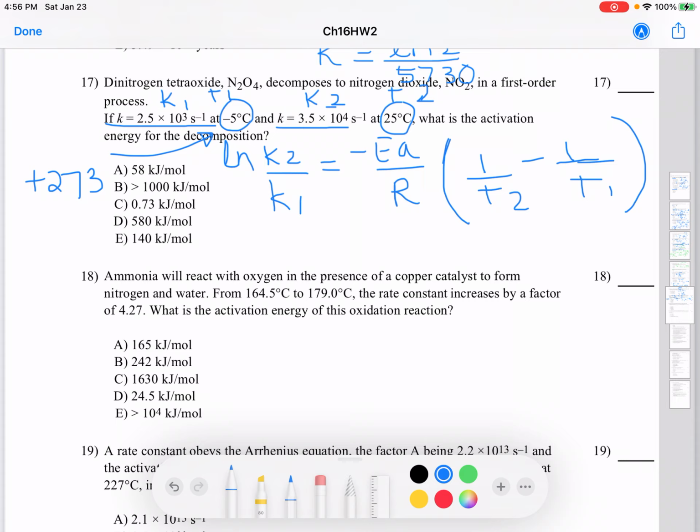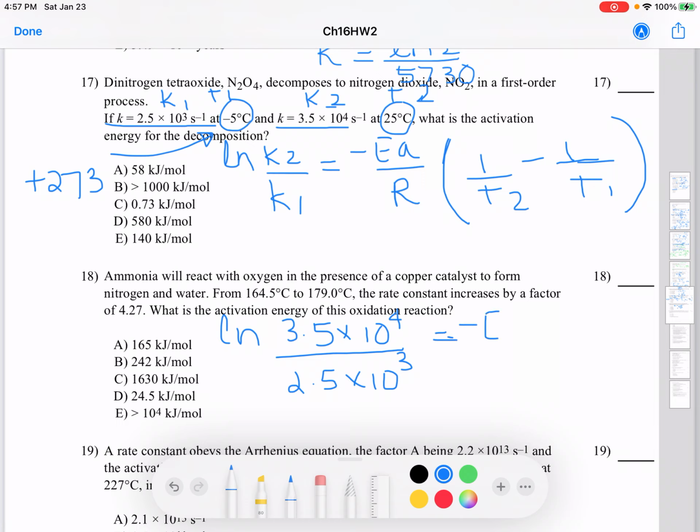So ln K2. Our K2 is 3.5 times 10 to the power 4. And ln K1 is going to be 2.5 times 10 to the power 3. So the units will cancel, per second.